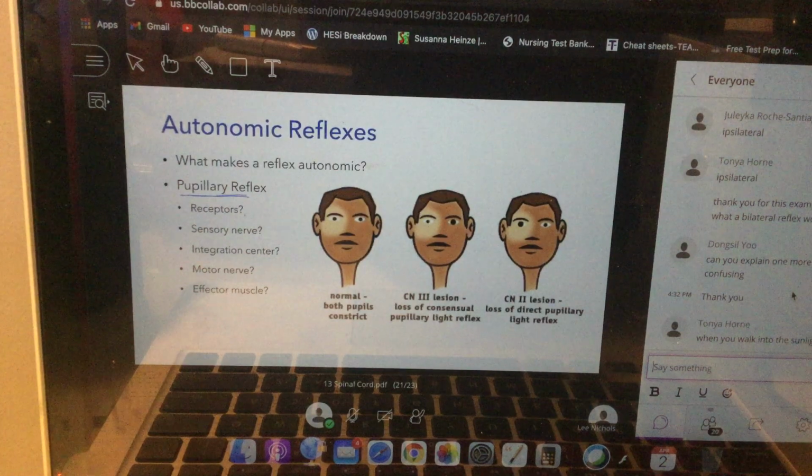So what are the receptors? Well, the receptors are the retina. We'll talk about these in a couple of weeks when we talk about the eye. So the photoreceptors in the retina. The afferent neuron. Well, what is the cranial nerve for vision? Cranial nerve for vision.